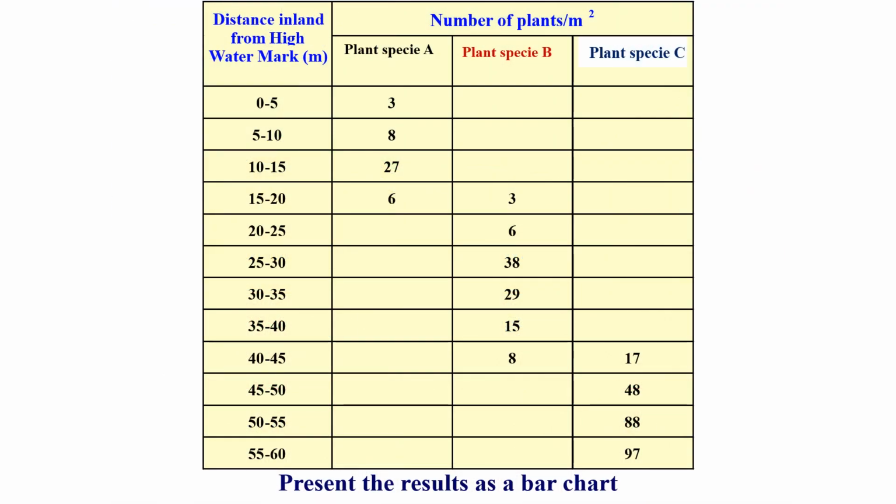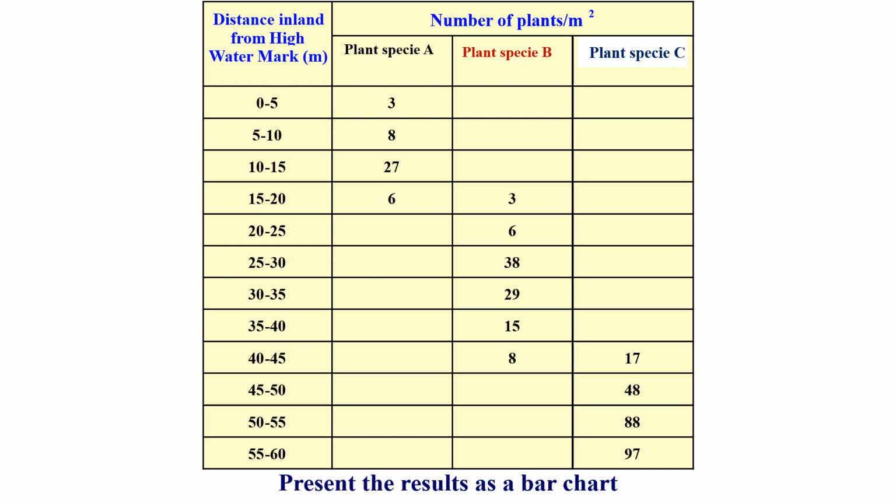What data did we get? Here we have the distance inland from the high water mark and the number of plants per meter scale: 0 to 5, then 5 to 10 meters, 10 to 15, and so on.